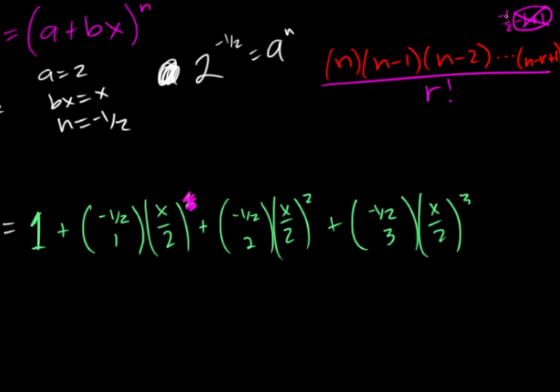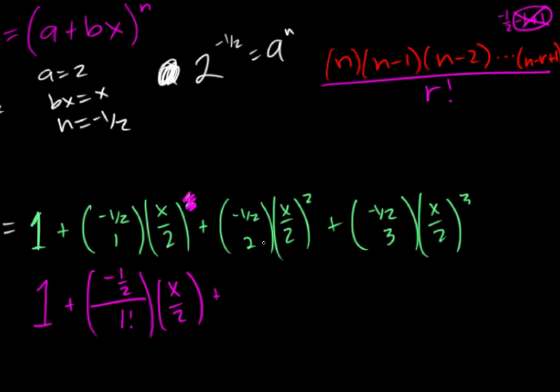So in this case, we're only going to have the negative 1/2 value on top of that, and then divide it by r factorial. So this is going to be negative 1/2 divided by r factorial. R on this one was just a 1, so 1 factorial, which is just 1.